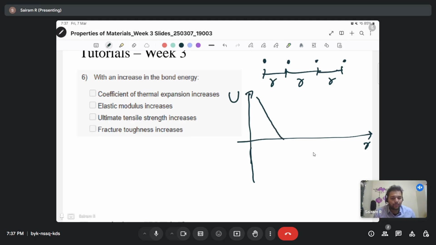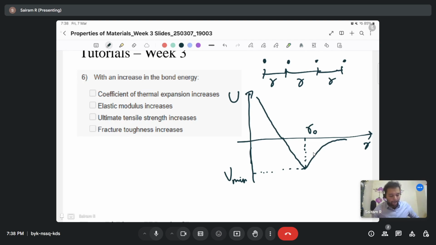But after a certain distance, let's say R1, there is going to be a decrease in potential as well. So we are going to see a negative potential to a certain point, where we will go to the lowest possible value of potential, U min, and then this is going to increase, and the R corresponding to the minimum value of the potential energy is called R naught, and this is the ideal distance of separation.